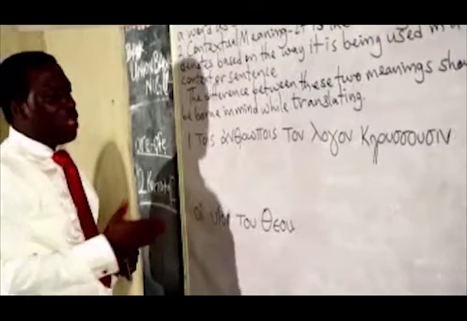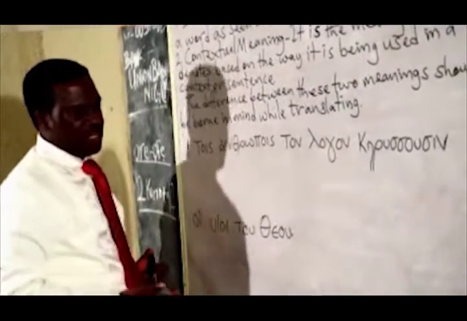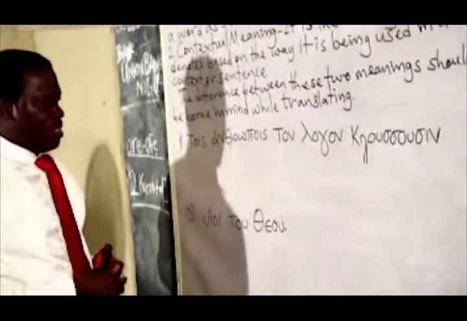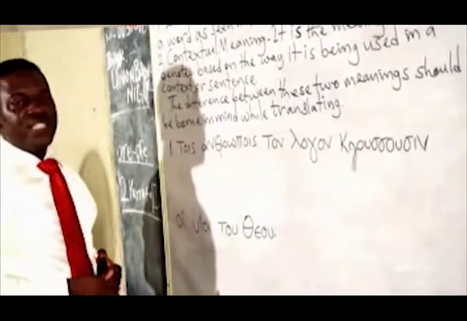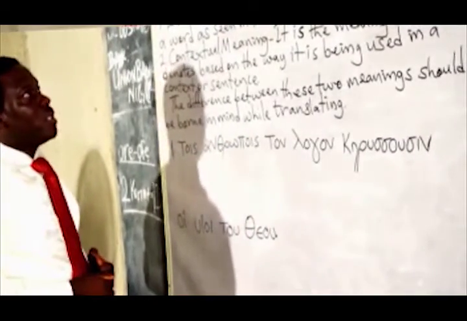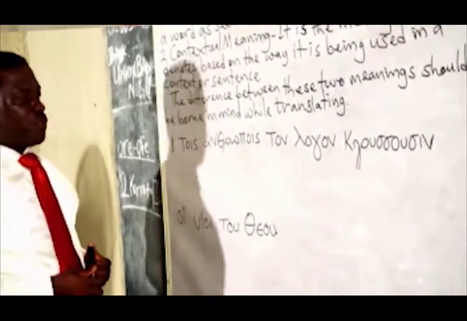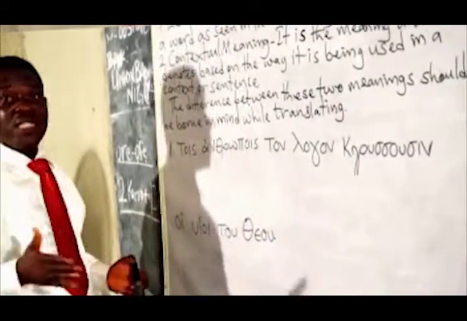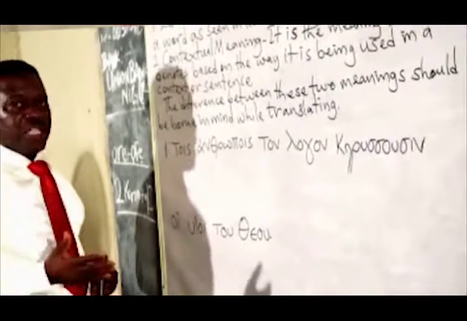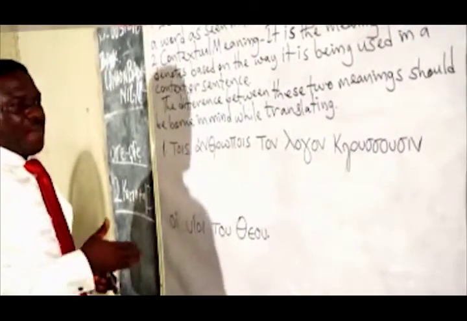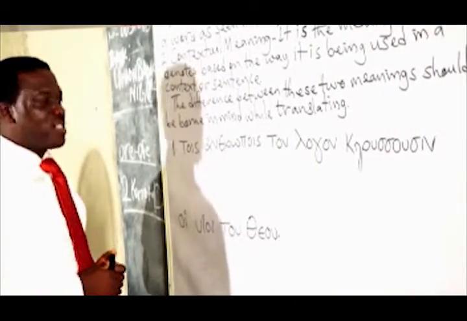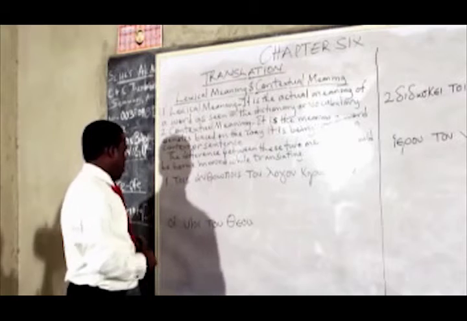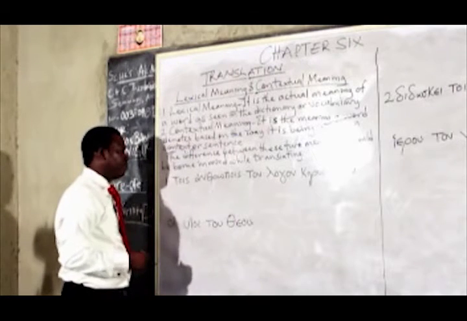We want to look at how to translate this Greek sentence into English and what we need to do. If you look at chapter 6 of the book, you will see rules for translating nouns. So you read on your own and then apply while you are practicing translating on your own. But let's look at the one we have here.